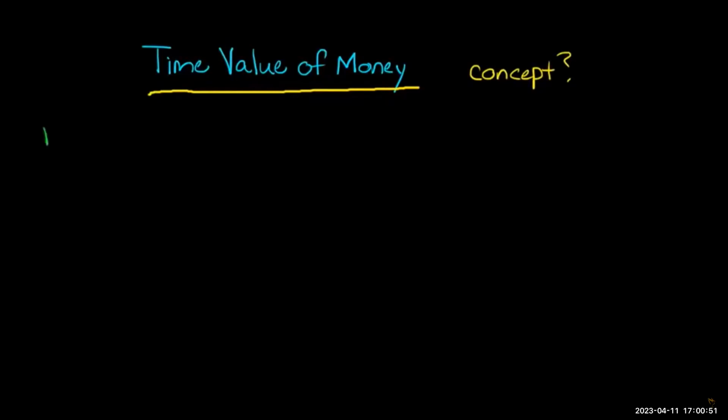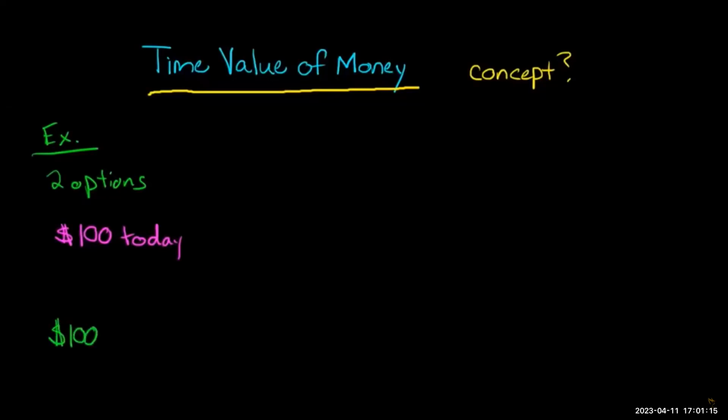Let's take an example here. Let's say that I offer you 2 options. One of the options is that I give you $100 cash today. And in the other option, I give you $100 1 year from now.